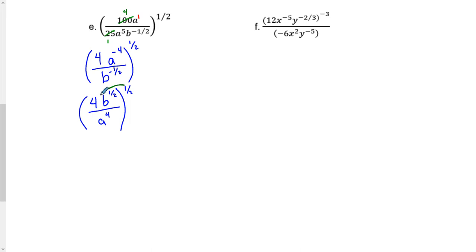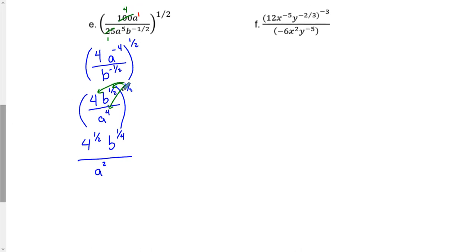Last step, apply my exponent on the outside to every single base on the inside. So we'd have 4 to the power of 1/2, 1/2 and 1/2 will be 1/4, and 4 to the power of 4 and 1/2 would be 2.